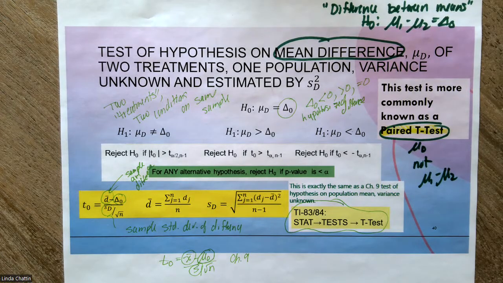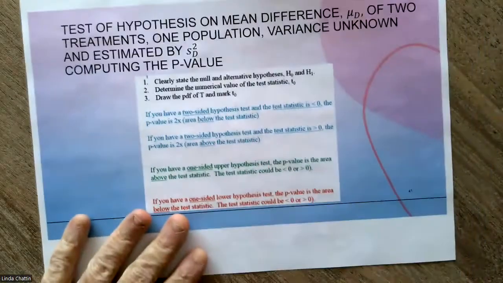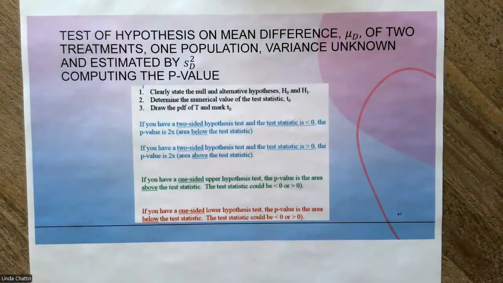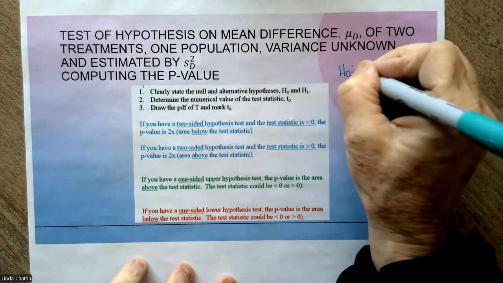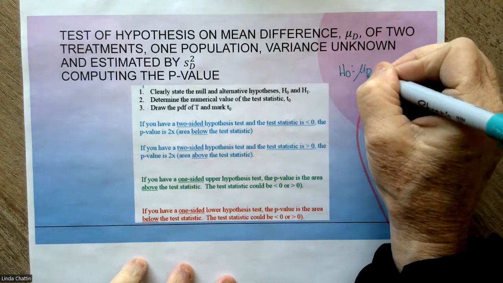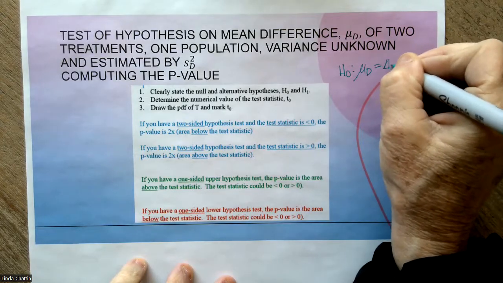Because it is so similar to what we did in chapter 9, this is going to look very familiar to you. The null hypothesis for all three of these is that mu d is equal to delta naught.